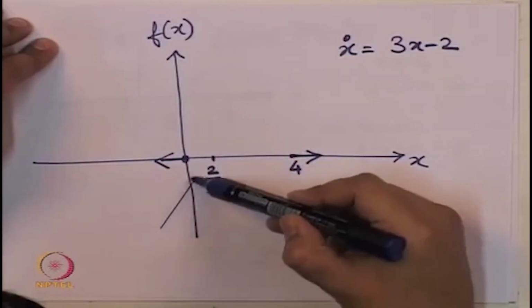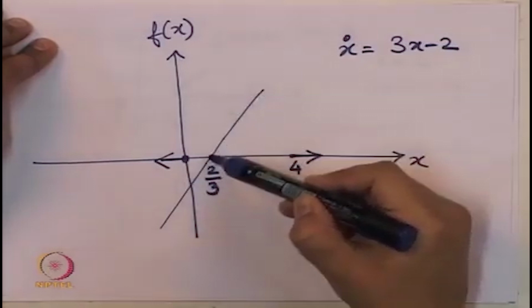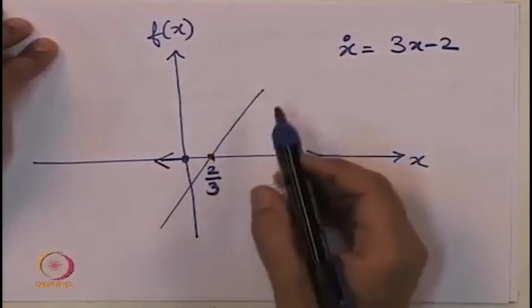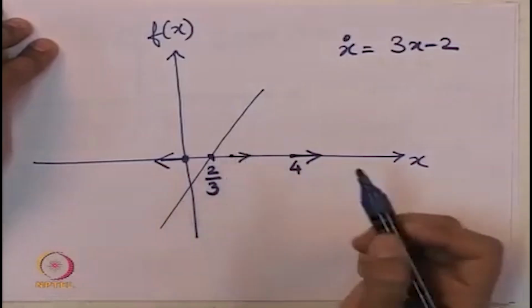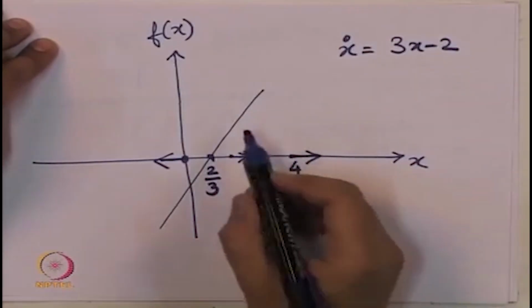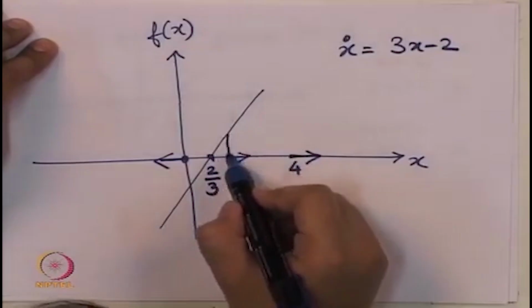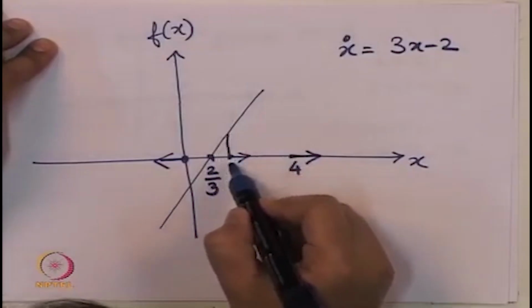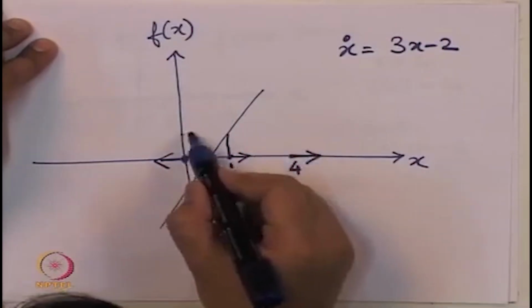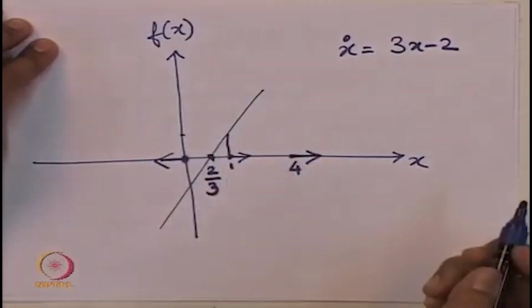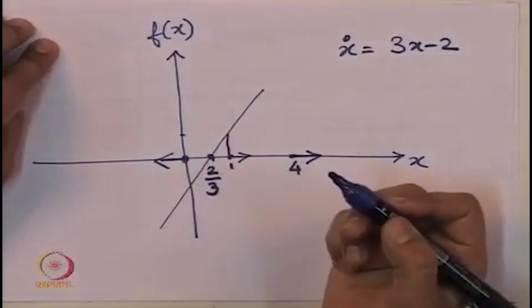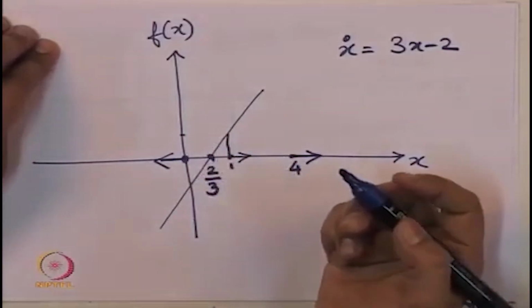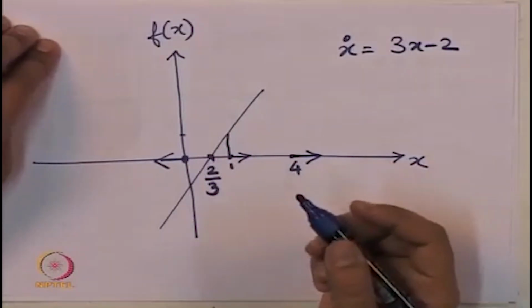That when we plot f of x versus x, we see that to the right of the point 2 by 3 the arrow is marked to the right. Why is it to the right? Because at this particular point, say 1, we see that f is positive at x equal to 1. Because f is positive, it means x dot is positive. In other words, x is increasing.